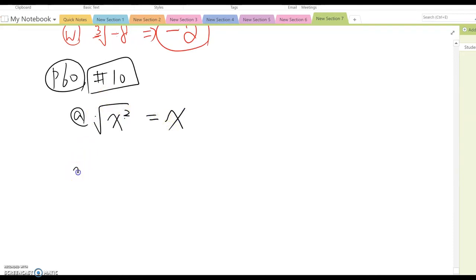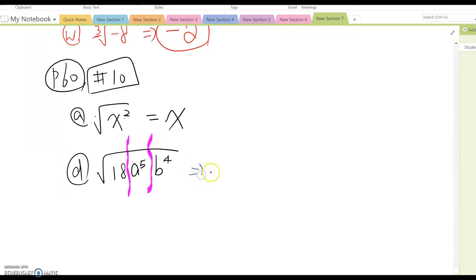What about d? D is the square root of 18 a fifth b fourth. Okay, in this case I want to just divide the numbers a and b here. Then this is going to be root 18 times root a fifth times root b fourth here.